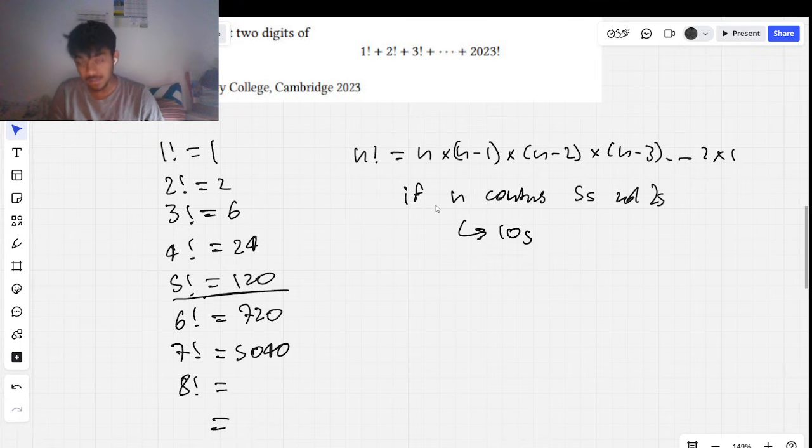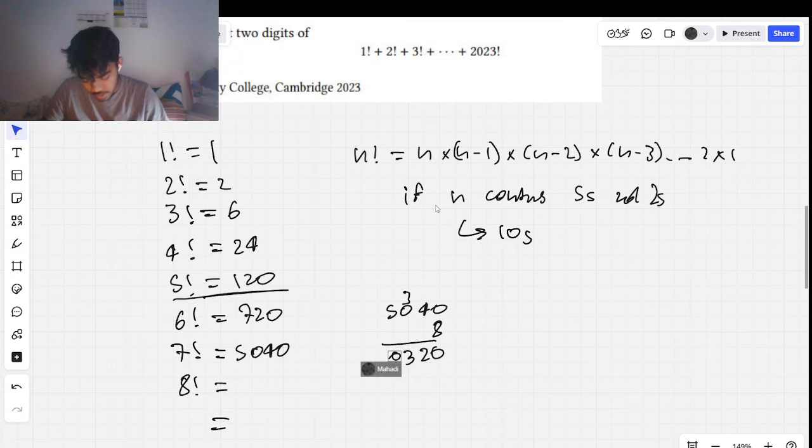Also, if we have to work out the last digits of any number, then we are looking at that number modulo 100. So 8 factorial, that shouldn't be too hard to work out. I don't even have to work out all the digits of 8 factorial, but it is good practice to do so. It shouldn't take too long.